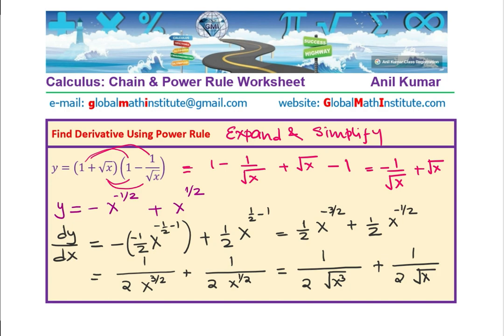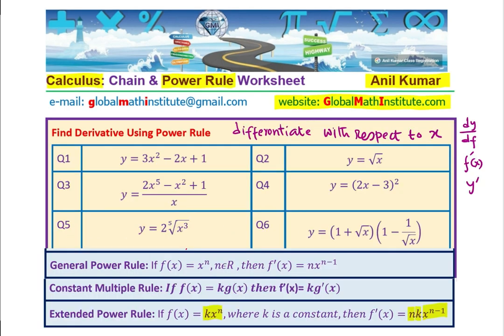So with that, we have done all the solutions, and now I hope you understand absolutely clearly how do we find derivative using power rule, which has been extended by a multiple with a constant, and also add and subtract rule. Perfect. So in the first case, we added and subtracted each derivative.